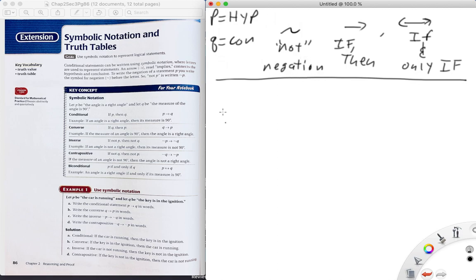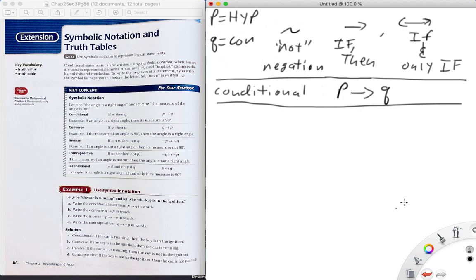Okay. So, conditional. If P then Q. We'll just write if P then Q. That is your conditional. Then we have the converse.